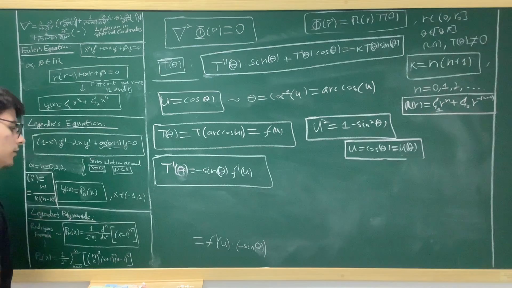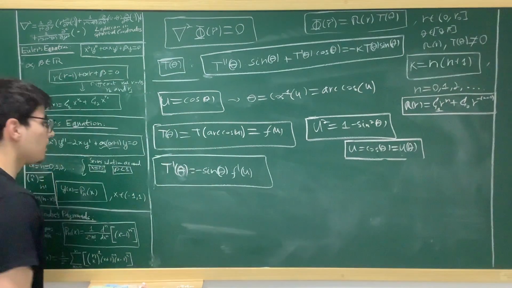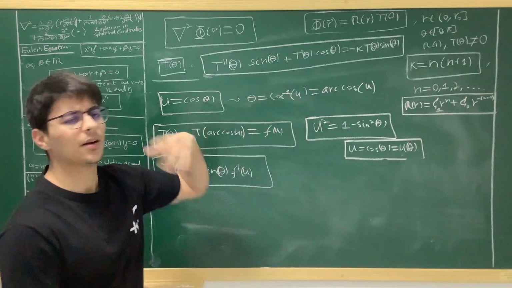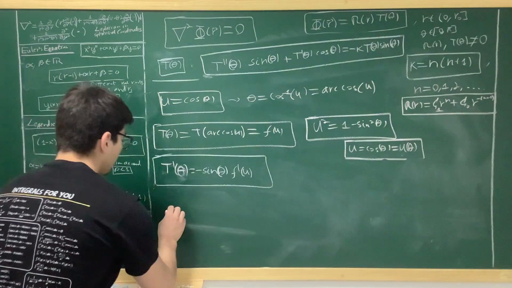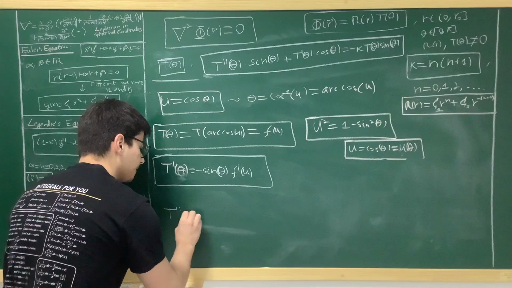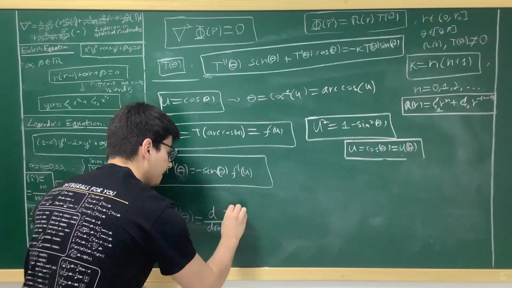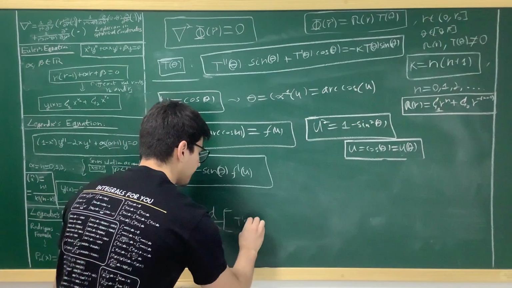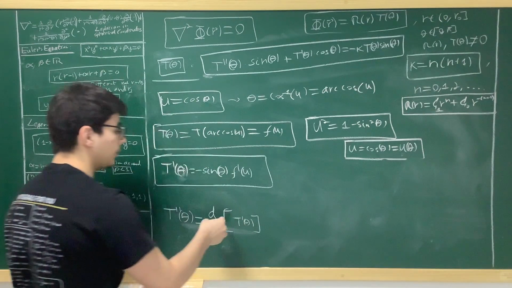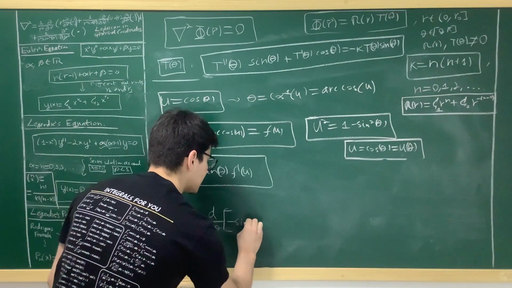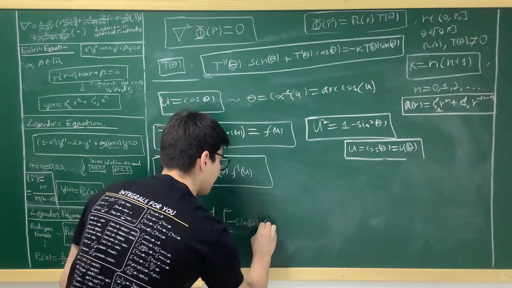And now, what do we do now? We have to use the derivative again to get t double prime. Just like before, t double prime of theta is equal to the derivative with respect to theta of t prime. And what is t prime? T prime is minus the sine of theta f prime of u.